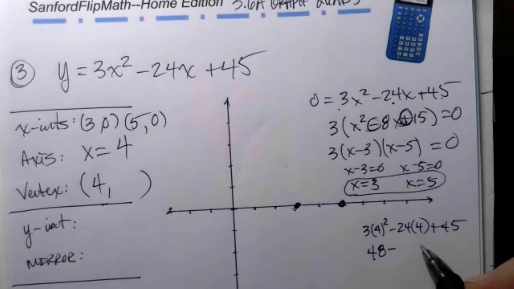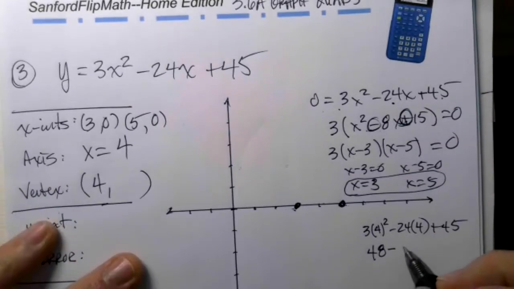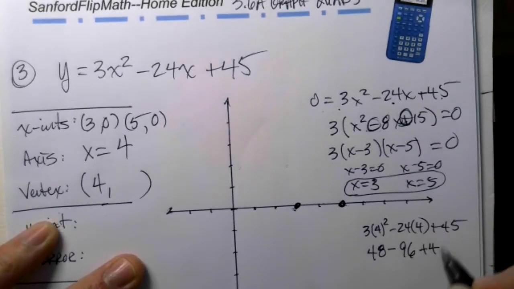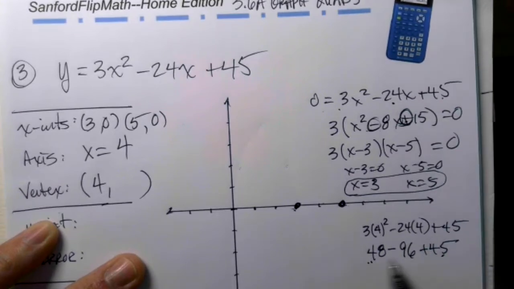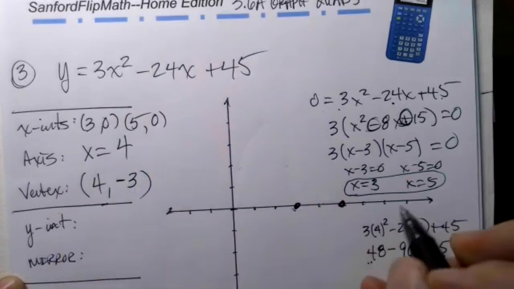Minus, well, 24 times 4 is almost 25 times 4. 25 times 4 would be 100, so this is 96, plus 45. If I add 48 and 45, that is 93, minus 96, so negative 3. So the vertex is at (4, -3).